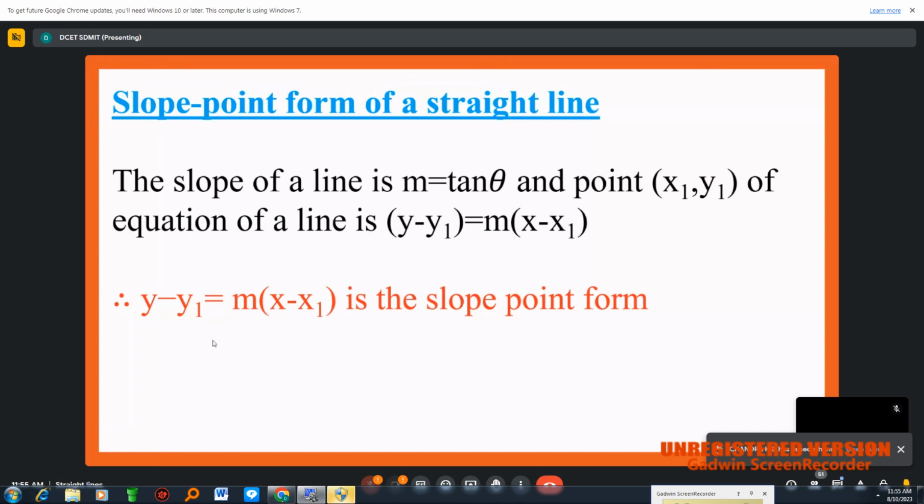So if you finish this one, we can move. Everyone take down this one. Slope point form.